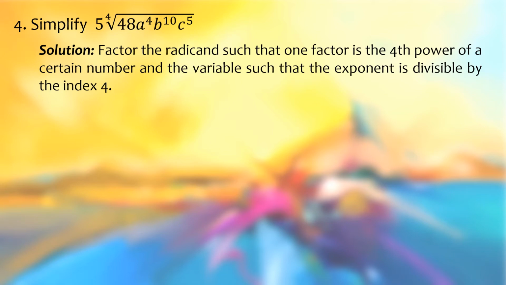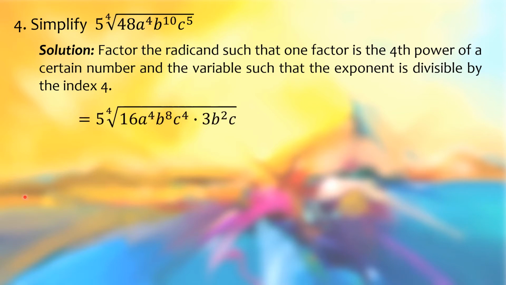So, dito, para ma-factor natin yung radicand, which is 48, ano yung dalawang numbers or dalawang factors na kapag minultiply ay 48, pero dapat yung isang factor sa kanila ay may fourth root. And then, ganun pa rin yung gagawin natin sa mga variables o sa exponent ng mga variables. Kailangan maging divisible ang exponent nila sa ating index.